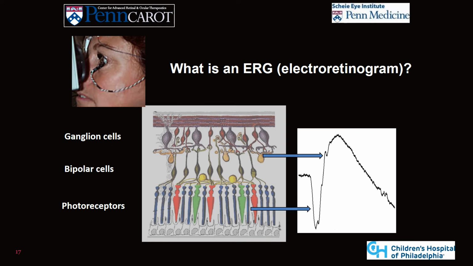This lady up here to the left is wearing the contact lens, which is attached with a wire to a computer and which records signals directly from the outer retina, which is this down-going wave that you see here at the beginning of the waveform, and then signals also from the inner retina, which is the second up-going waveform, which we call the.